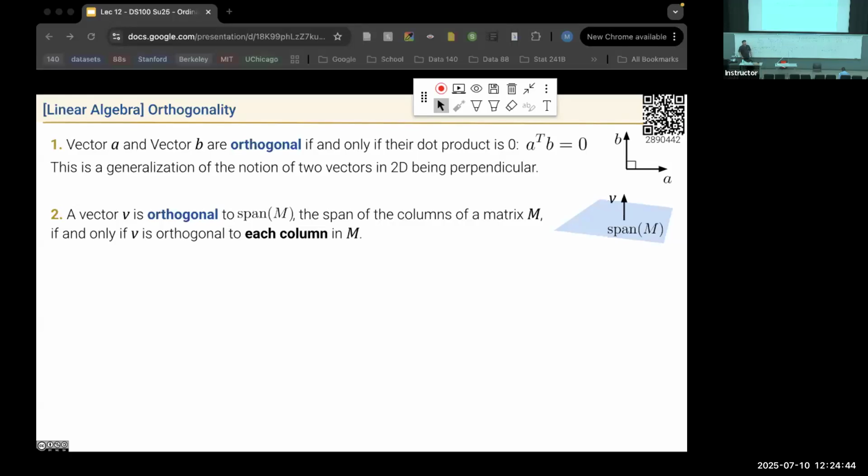We can also use the word orthogonal to describe a vector with respect to a plane or a space.